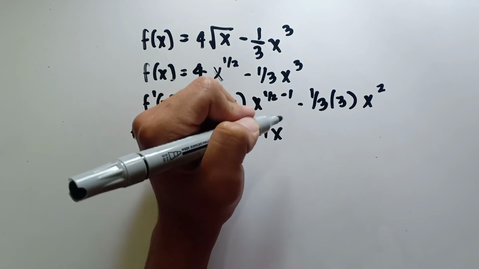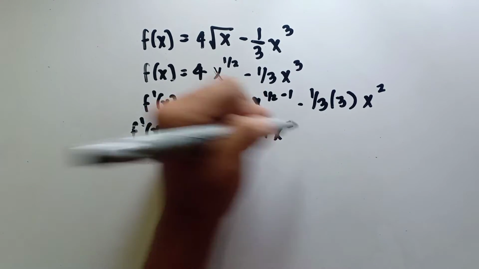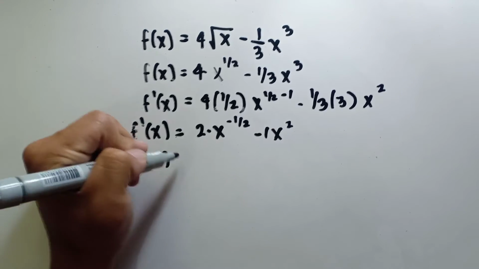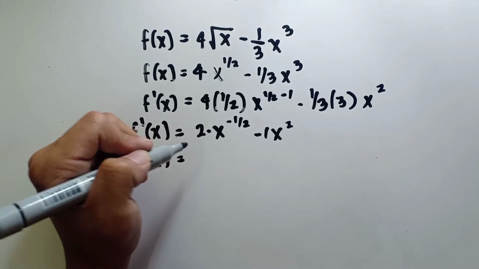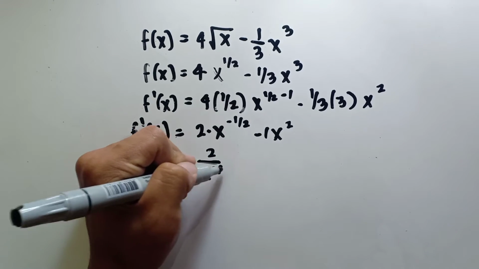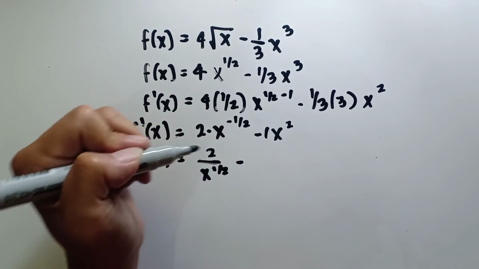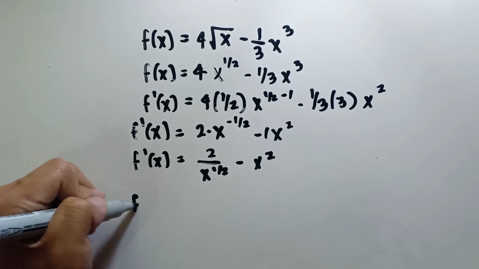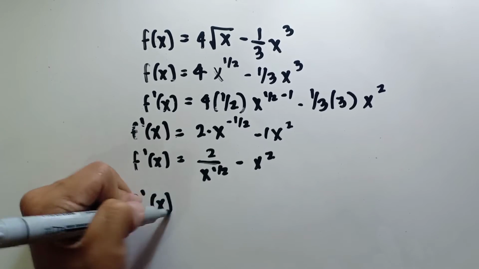1, so x squared. So we can put the negative 1 half to the denominator: 2x raised to 1 half, subtracted by x squared. So we can further simplify this.